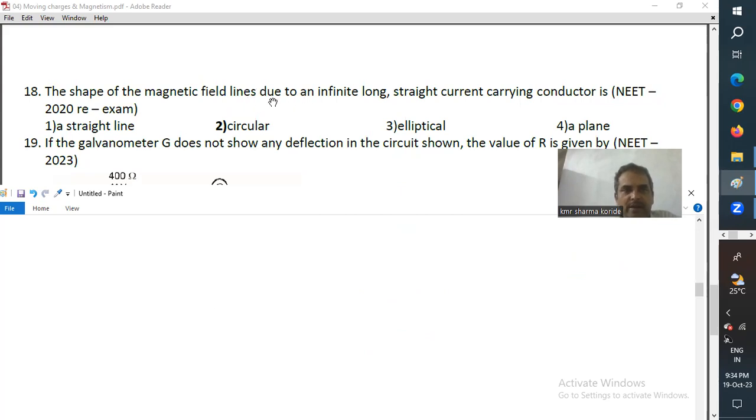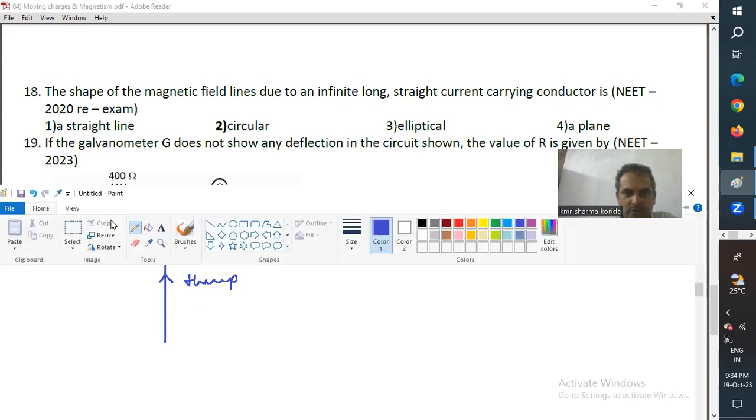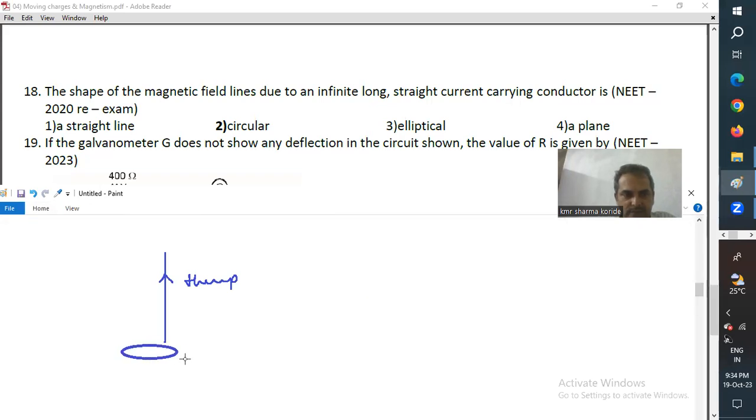The shape of magnetic field lines due to an infinite long straight wire carrying current I. Suppose this is a straight conductor, and the current is upwards, so assume the thumb of your right hand is up. In general, you get the field lines like this.